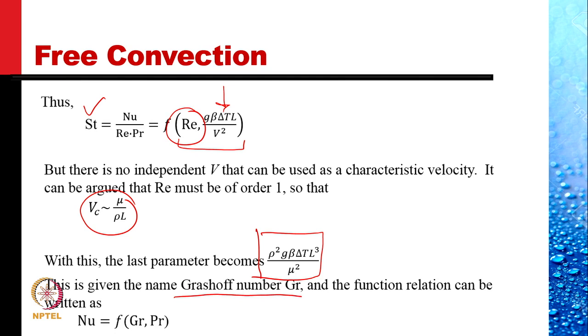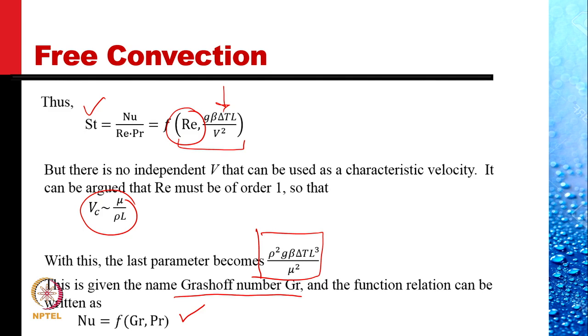So the functional relationship can be written as Nusselt number is a function of Grashof number and Prandtl number. A very interesting result obtained with so little work.